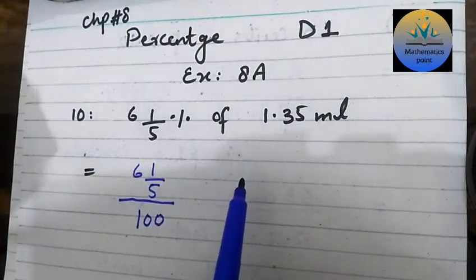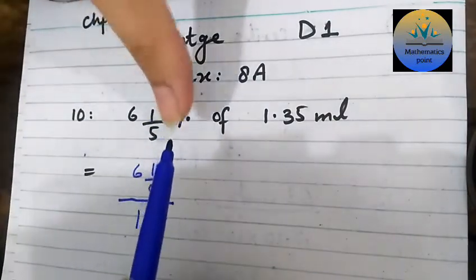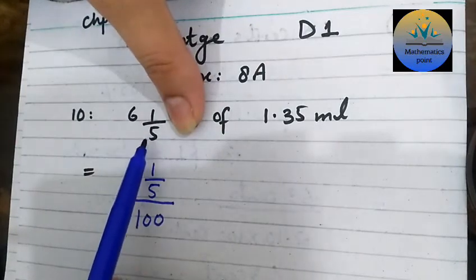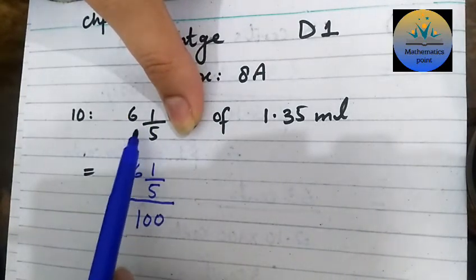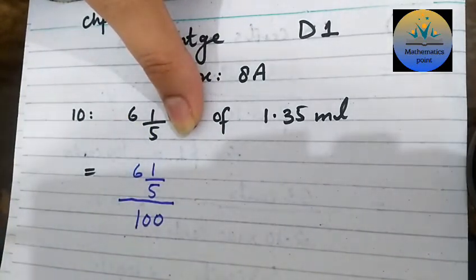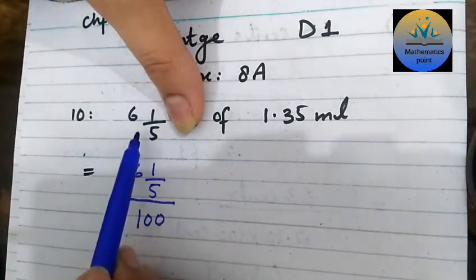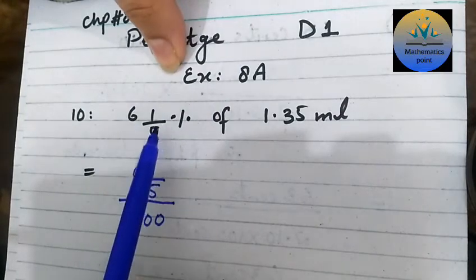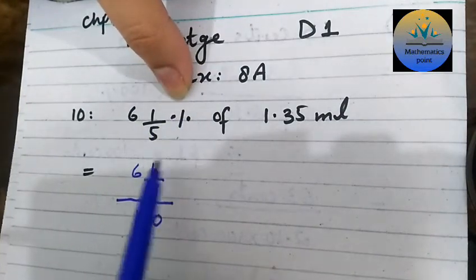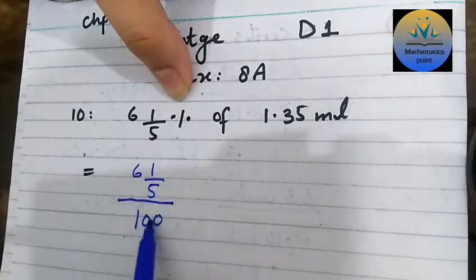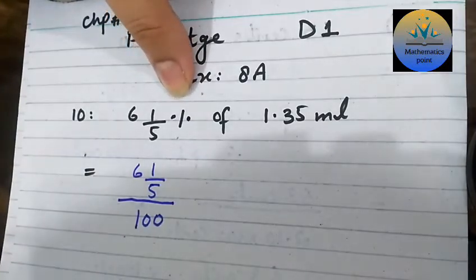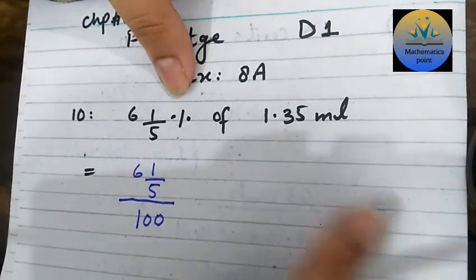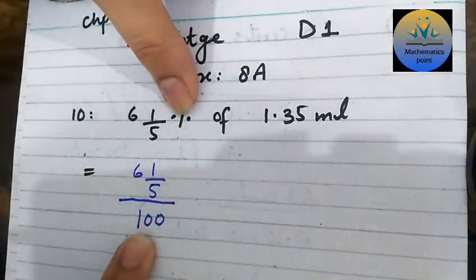When we want to convert a term into percentage, we multiply it by 100 percent. But when we already have the term in percentage and want to remove the percentage, we divide it by 100. It is a vice versa or reverse process: to convert we multiply by 100, and to remove we divide by 100.